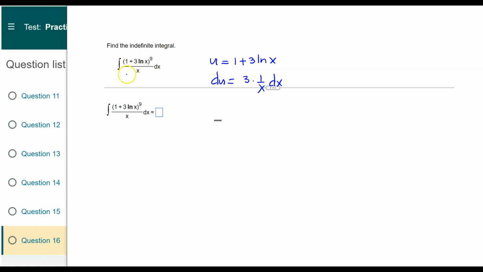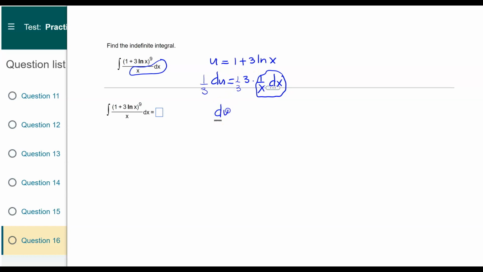Then you go back here and see if you could write this expression strictly in terms of u. Now you see dx over x. You just have to remove the 3 here. You can obtain that by dividing both sides by 3 or multiplying both sides by one third.